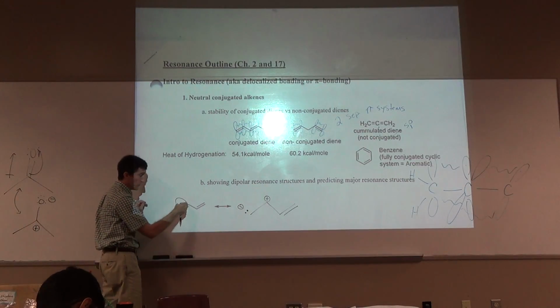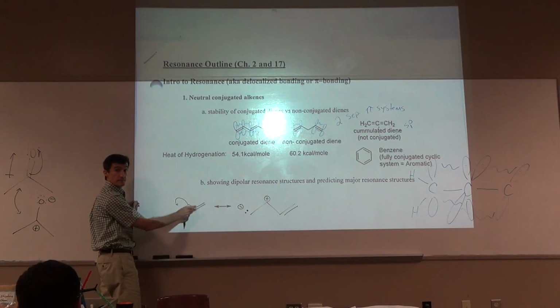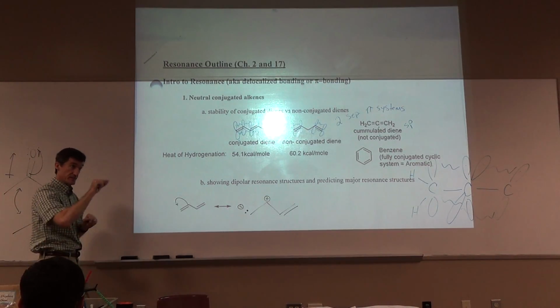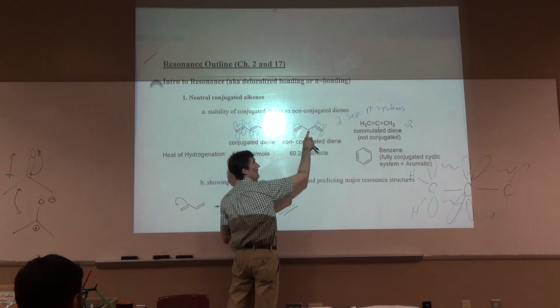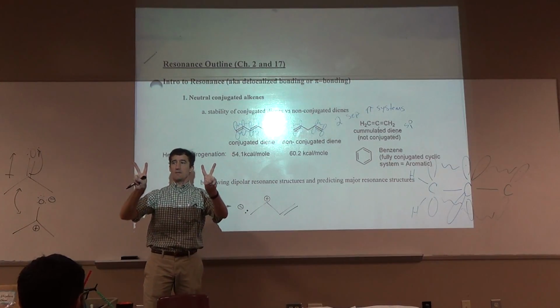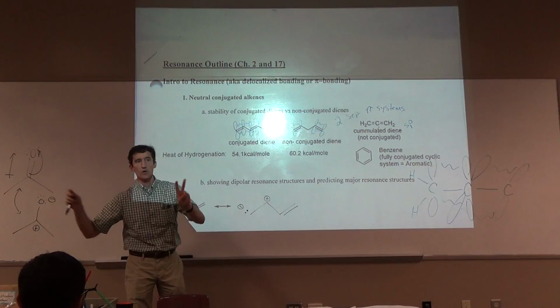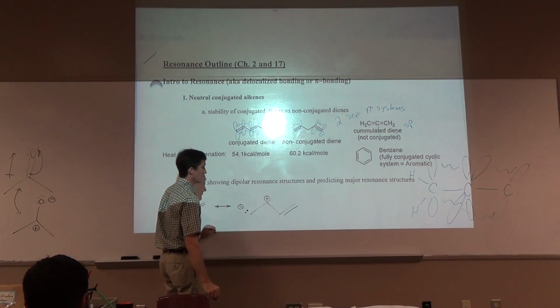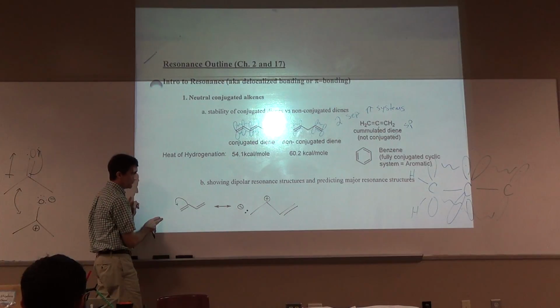That is, aren't all 4 of these p orbitals lined up? On each atom, these 4 can all be straight up. But because there's no double bond here, they're not lined up. It's not a continuous overlap. Here we have a continuous overlap: conjugated diene, 4 p orbitals.